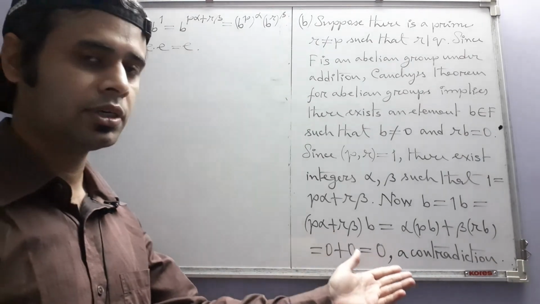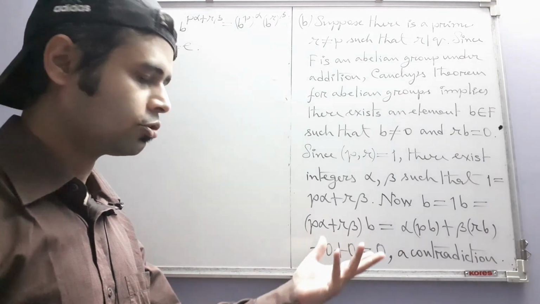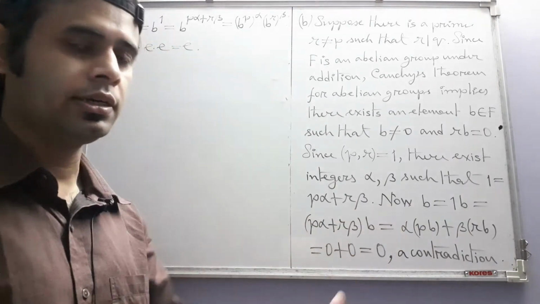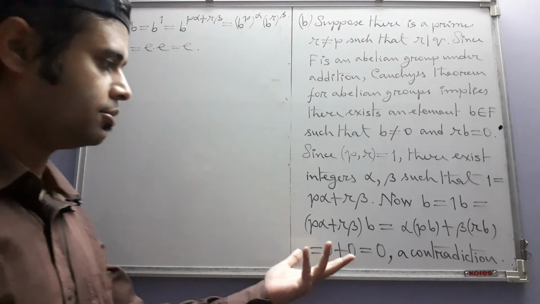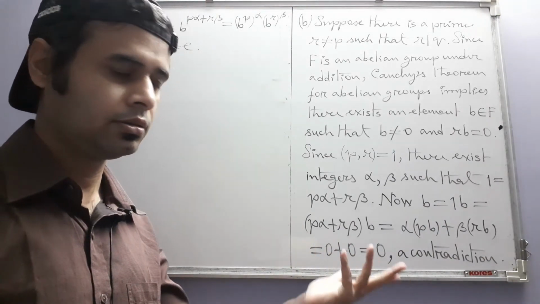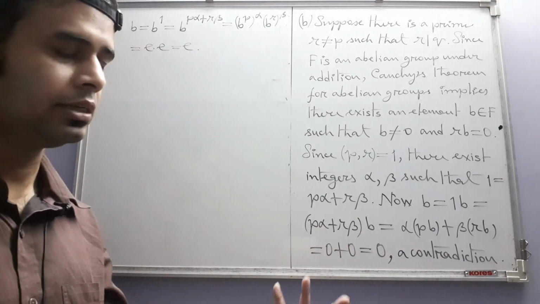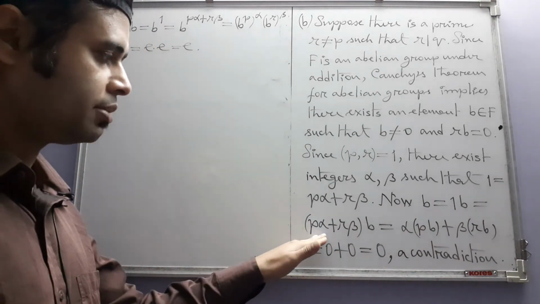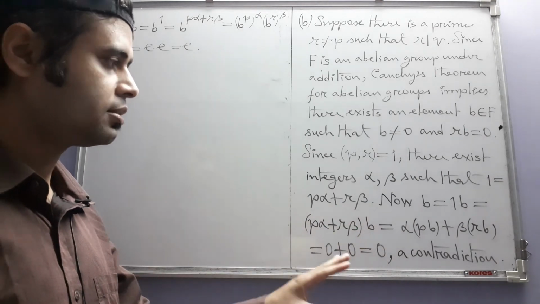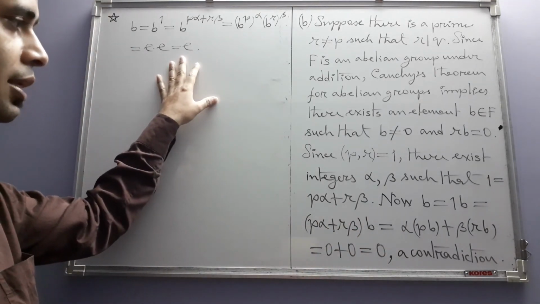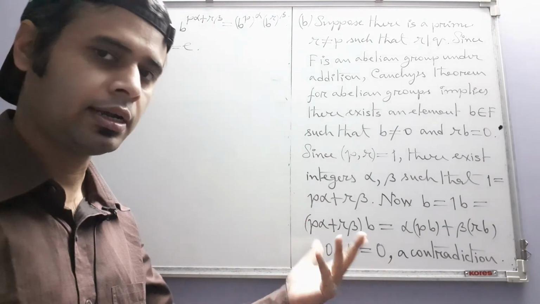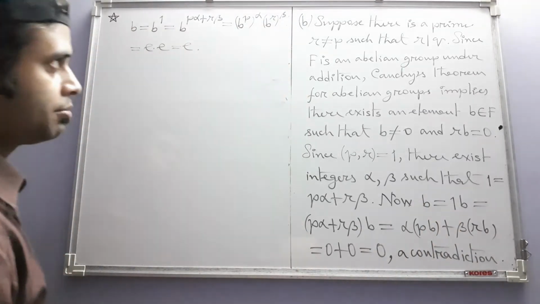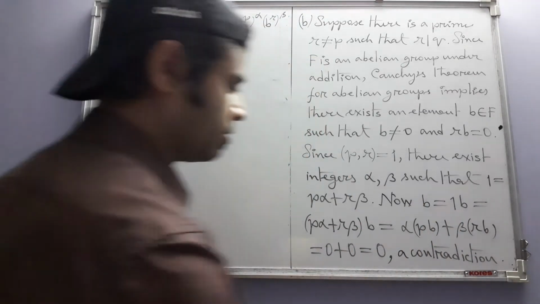So whatever we have written here is group theoretic, and these are actually integral powers, but since we are using additive notation, our operation is written additively, so we are writing things like this. It may be somewhat difficult to understand this at first, but think of them in the additive group in the field and things become clear. Okay, so we have got a contradiction. That means our supposition is wrong.